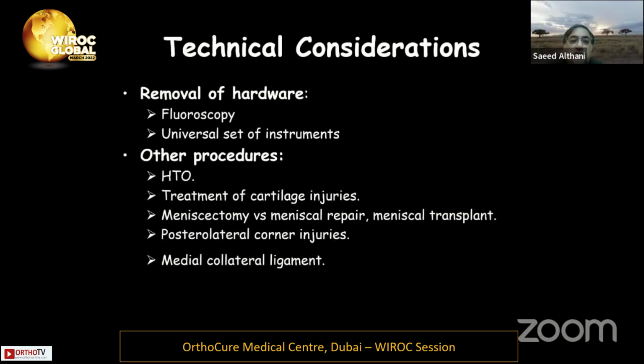We also need to see if we need to remove any hardware using fluoroscopy or a universal set of instruments, and other procedures like HTO, or whether we need to treat the cartilage, meniscectomy versus meniscal repair or transplant, posterolateral corner injury, and also the medial collateral ligament.